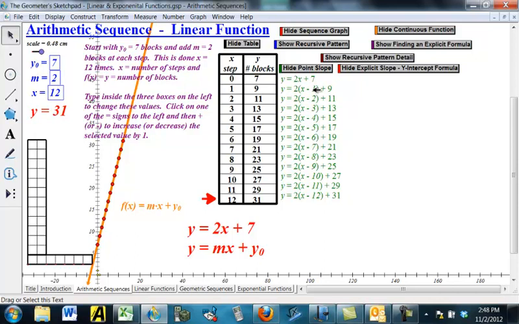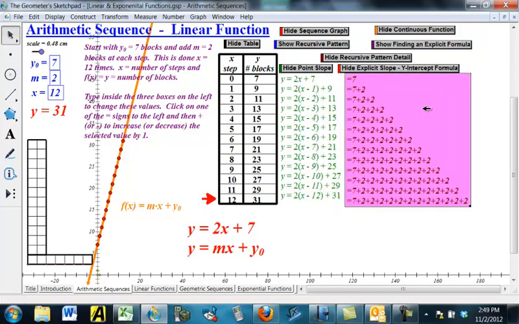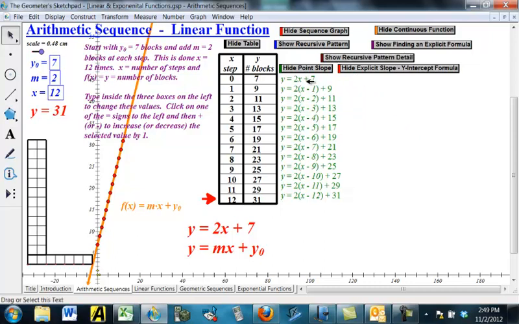We would see that the number of 2's that we're adding together is 1 less than the term number. If we started with 9 and then added 2 each time, thinking we're starting with that first term, then the number of 2's we're adding is 1 less than the term number. Or, if we don't want to think of it that way, we can center this up at any particular point. This is called the point slope formula.